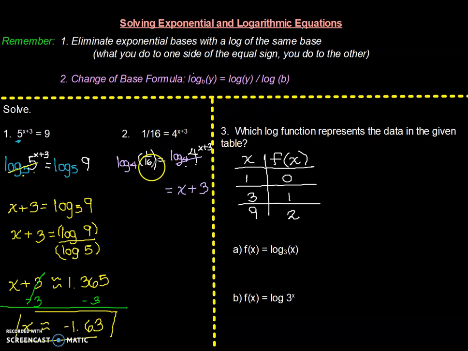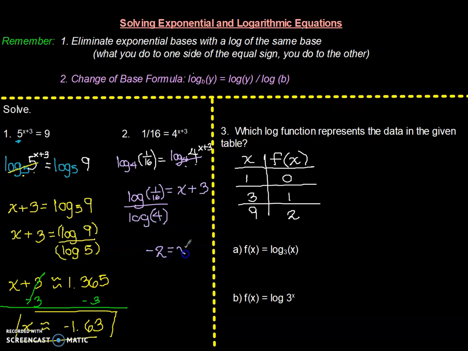I'm going to take log of 1/16 and divide it by log of 4. So in the calculator, again, take log 1/16, close your parentheses, and then divide it by log of 4, also close the parentheses. And that should give you -2.